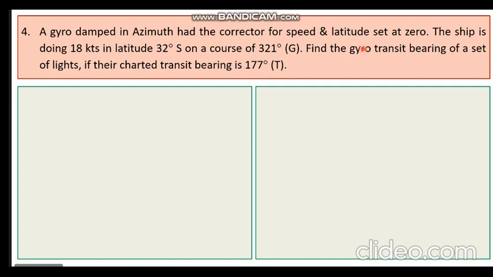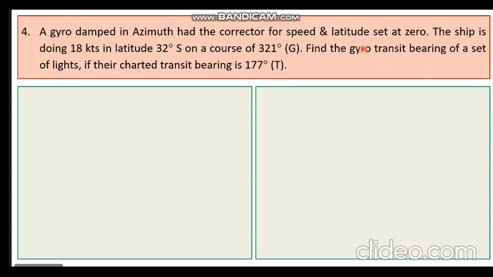So what will happen in that scenario? What happens is the gyro is not aware that the speed has been picked up and the latitude has been changed. So the gyro does not apply any correction to the readings.